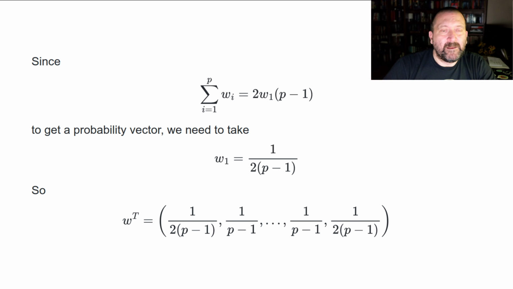If I had a more varied way of moving left and right, depending on where I am, the vector would not look like this, of course.